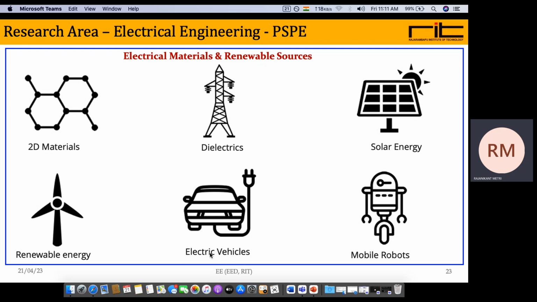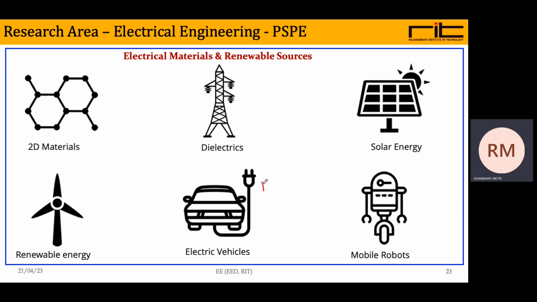But again, in electric vehicles, one can easily find many research problems like battery management systems, then what kind of machines can be used, then how one can improve the efficiency, or how one can incorporate sources, maybe AC source, DC source, and what can be done from that AC and DC source, or whether we can supply it to the grid.